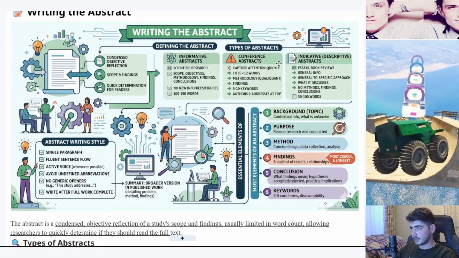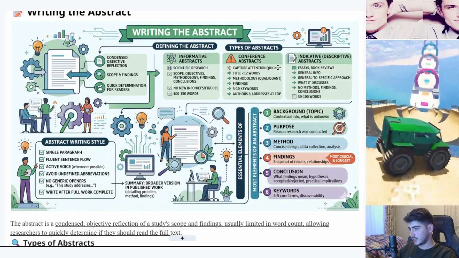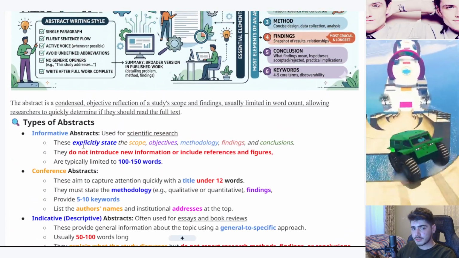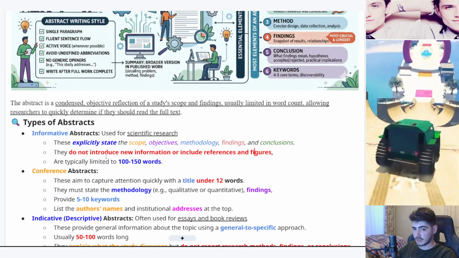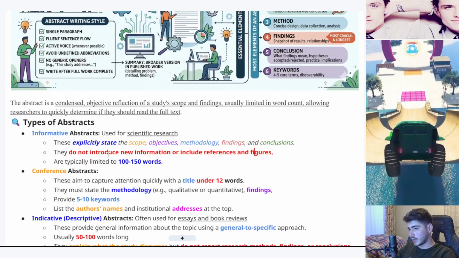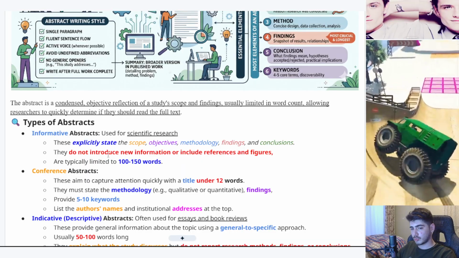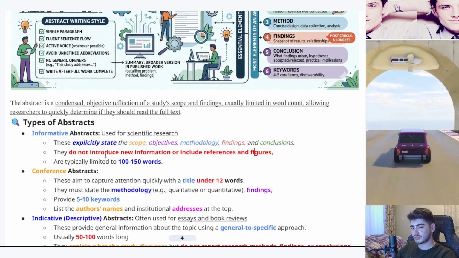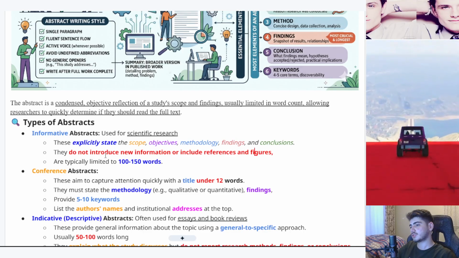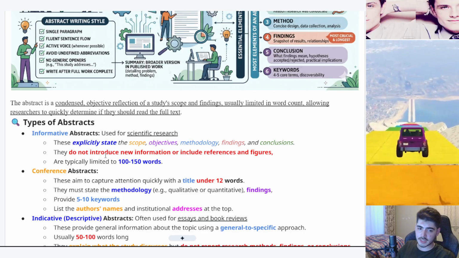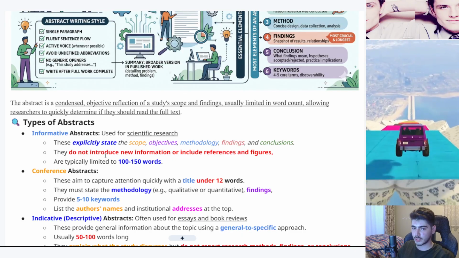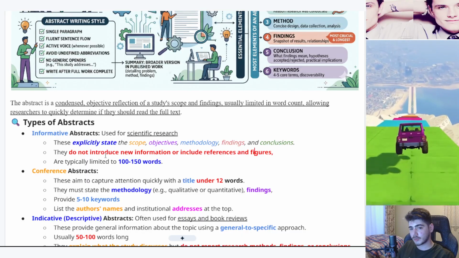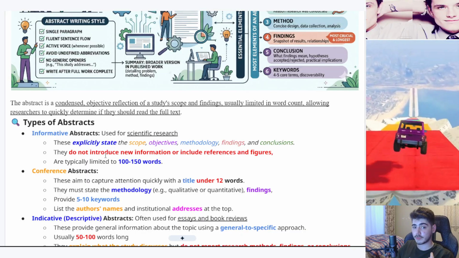The second type I will say is conference abstracts. So a conference abstract is basically when you are trying to get your research paper into a conference. You can think of it like that. You're trying to promote your work. So you are trying to capture the attention quickly with a title under 12 words, just for the sake of the convenience of the people who are holding this conference.